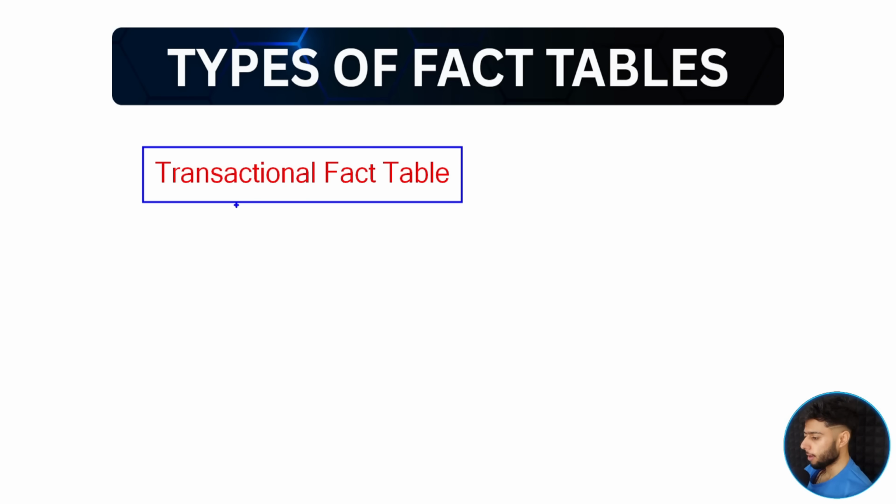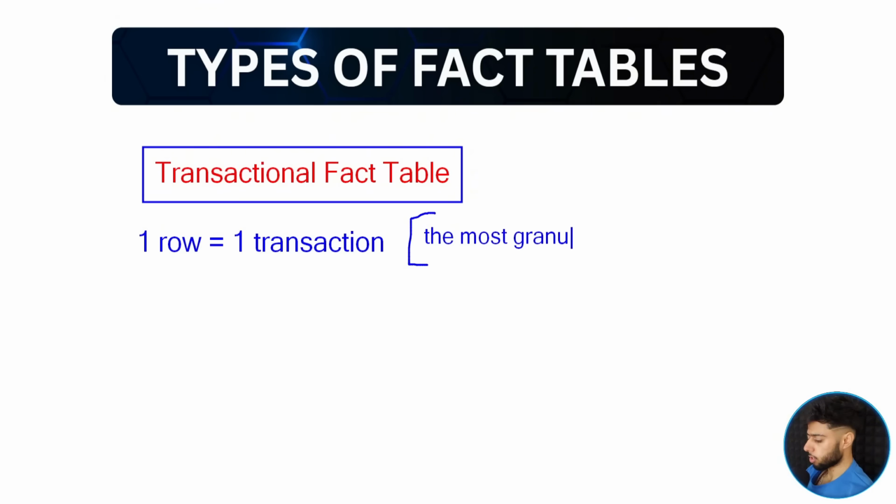Because usually in fact tables, one row is equivalent to one transaction, and it is the most granular version of a fact table. Make sense?